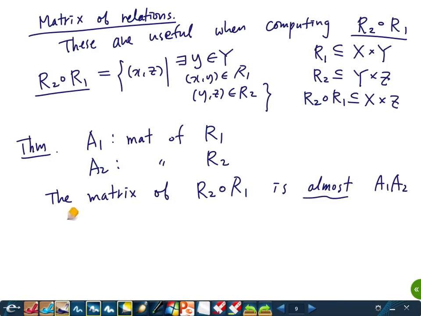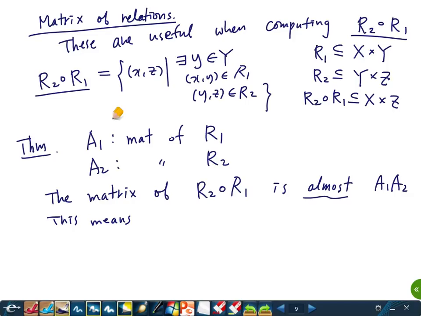Here, this means the following. What is a very simple property of a matrix of relation? It is a 0-1 matrix. Entries are always zeros or ones. Every entry is either 1 or 0.